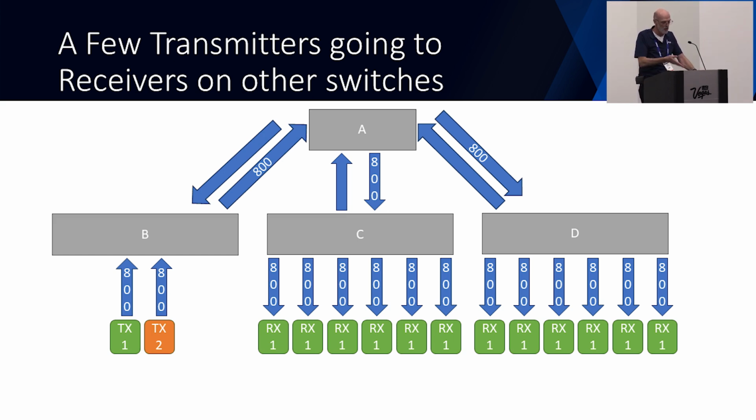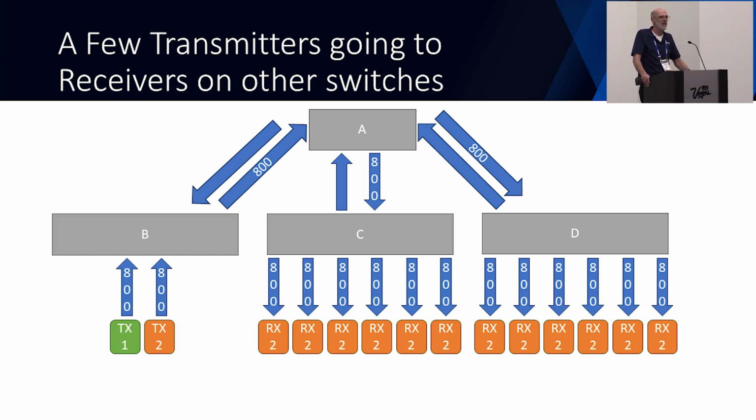At this moment, my transmitter 1 is sending the signal, and all those receivers are tuned into this transmitter. So there's only 800 megabit of data going through switch A and then being distributed to C and D. So it's a pretty easy thing to do. Now I switch, and now my receivers are receiving transmitter 2. It's still only 800 megabit going across.